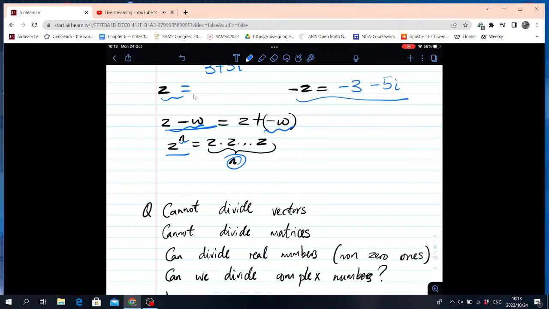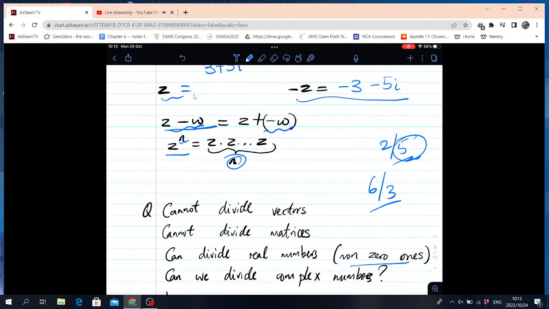And we cannot divide matrices. We didn't have a definition when we looked at it. We had inverses, but not quite division of matrices. And then we know we can divide real numbers, at least the non-zero ones. So for example, if you've got 6 over 3, we know this exists. Or you've got 2 over 5, this exists in real numbers, right? Provided the bottom part is non-zero.